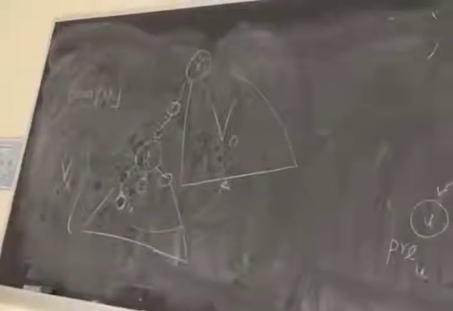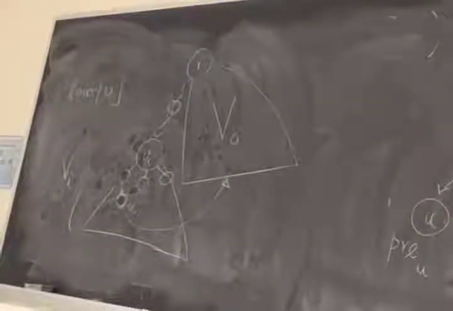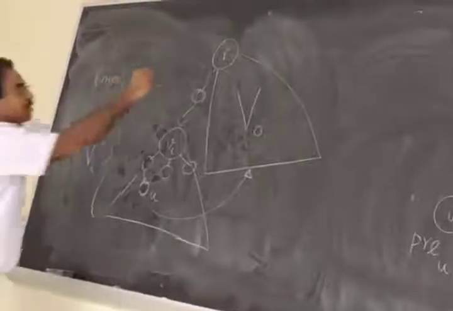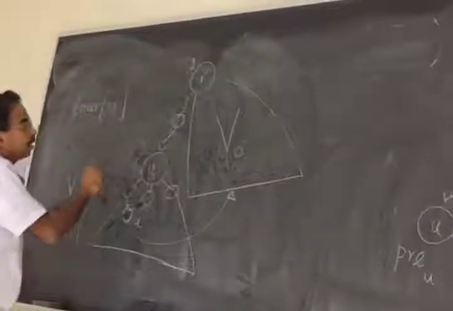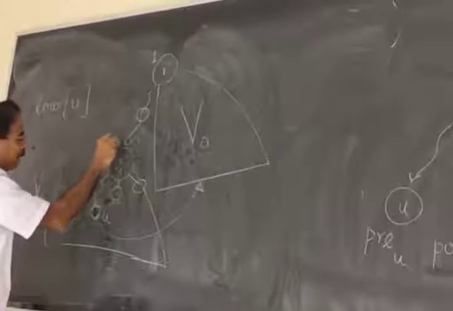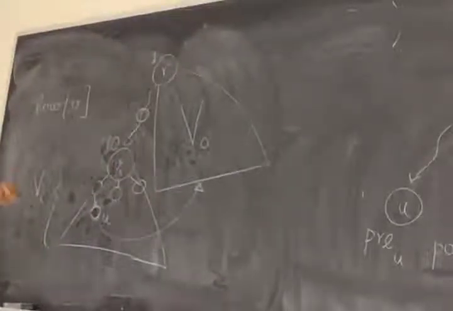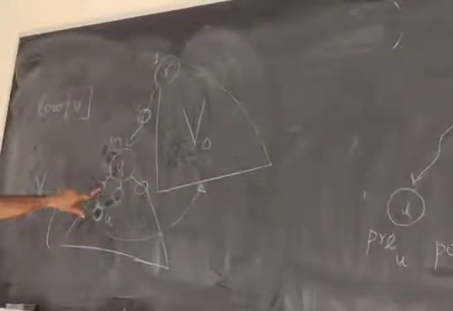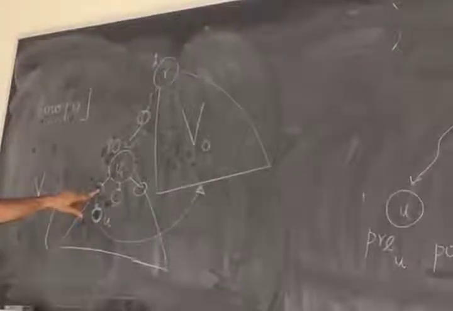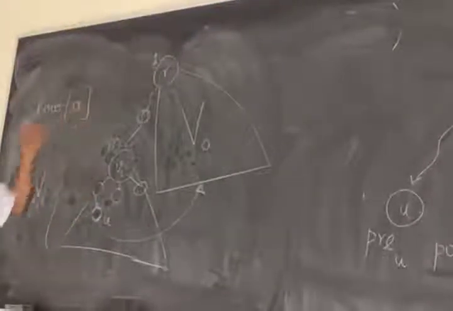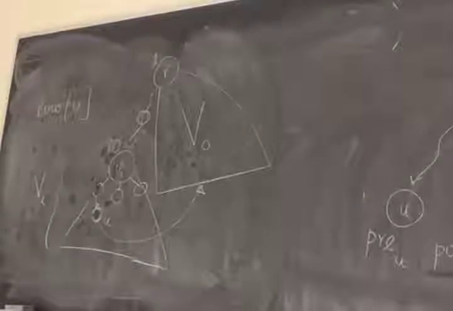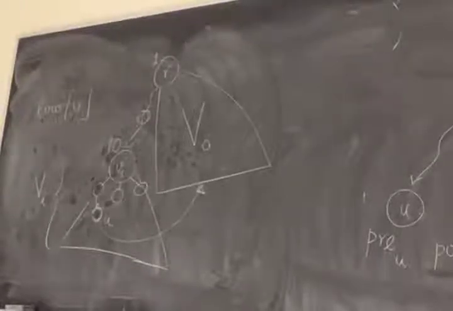Because remember, we are giving DFS numbers to nodes during the DFS traversal. So for instance, this will have a DFS number 1, and this might have 10 and so on, right? So what we are asking is, starting from this vertex, what is the lowest numbered vertex to which we can go using a back edge?